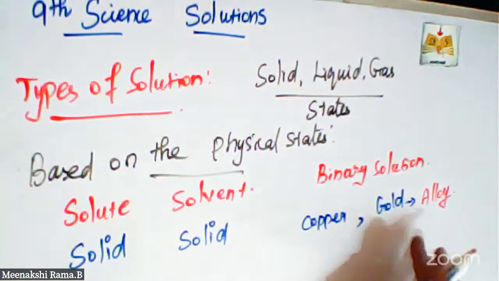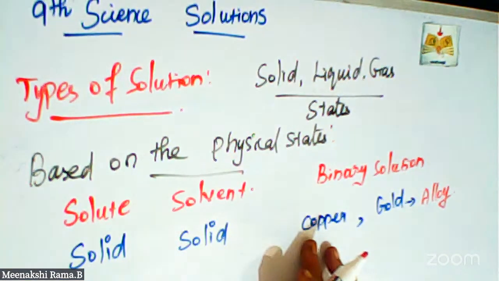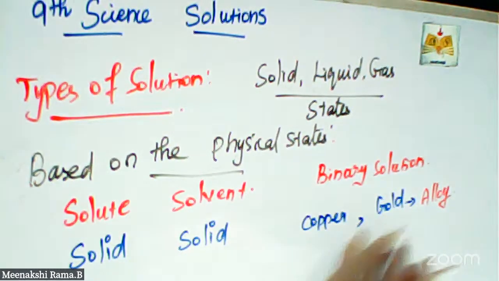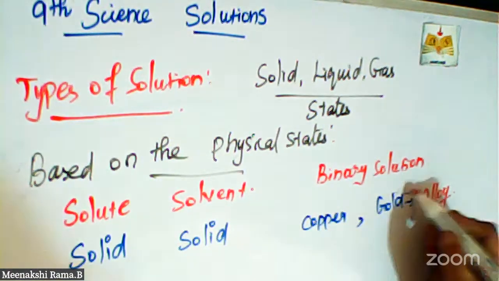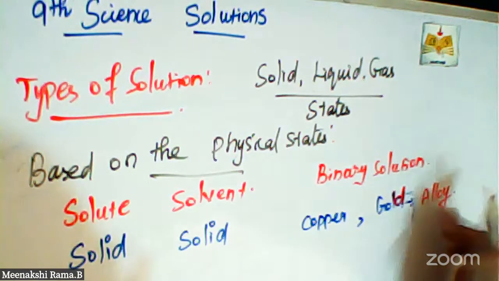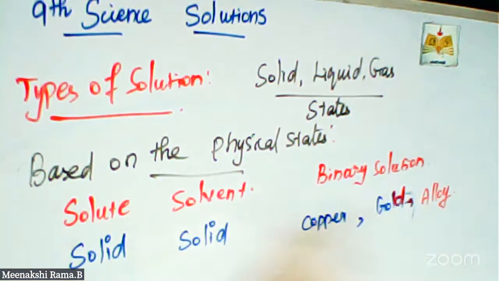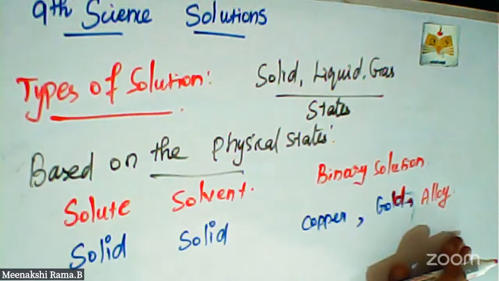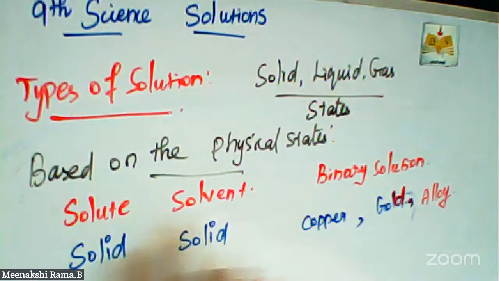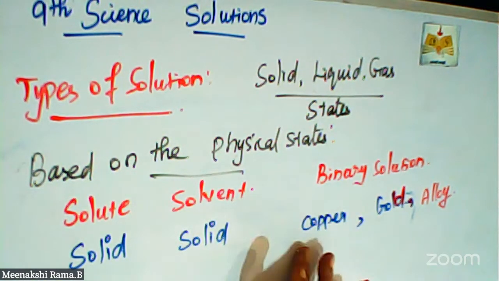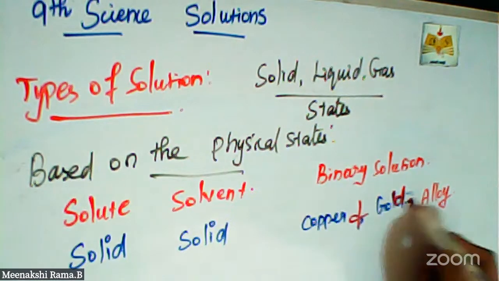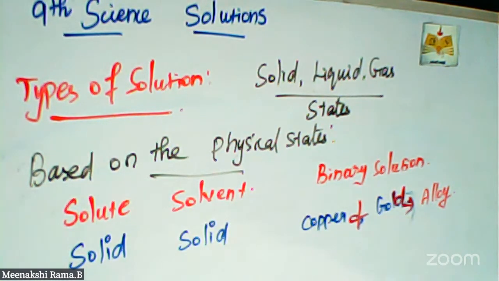So when we add copper and gold, these two materials are added and that solution is called an alloy. Based on the physical states, there are three kinds of states. First, solid and solid, both in solid state, copper and gold. This mixture is called an alloy.